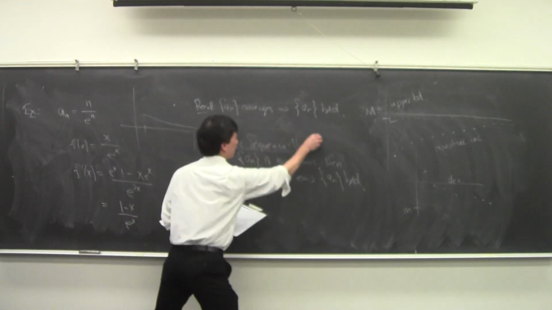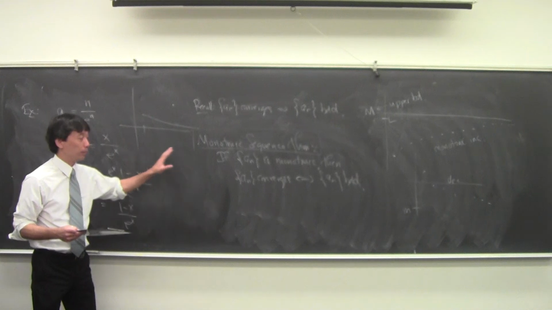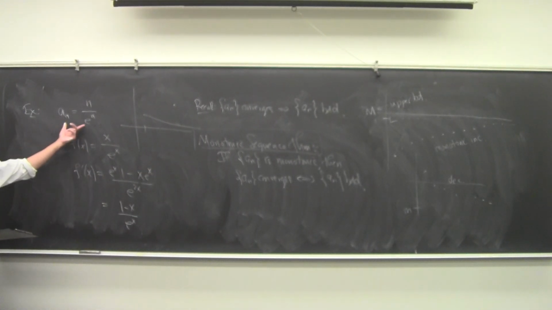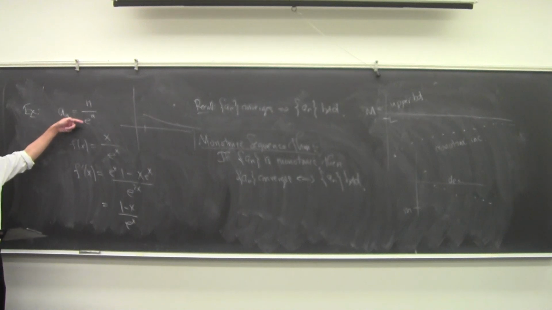We're going to use it. I'm not going to explain it, but we're going to use it. Just one example: if we look at this one here, it's a decreasing sequence, bounded below by 0.